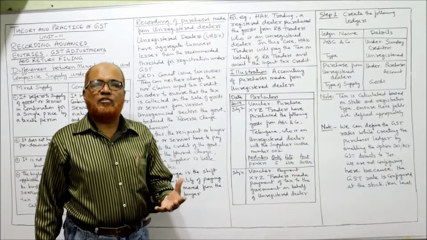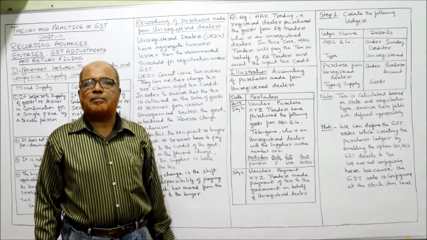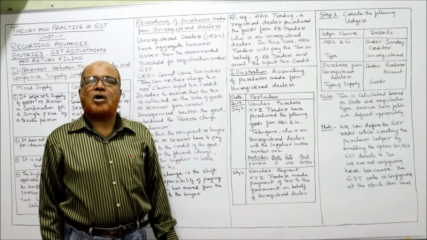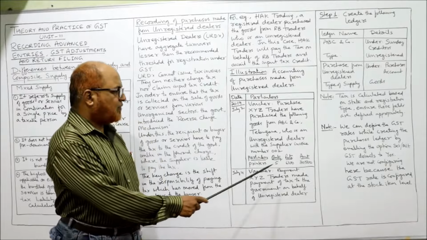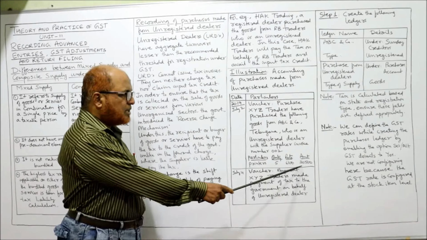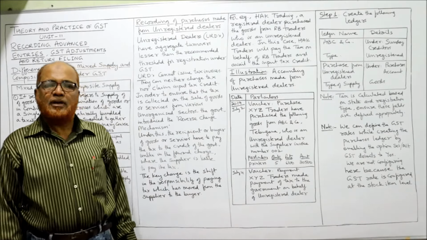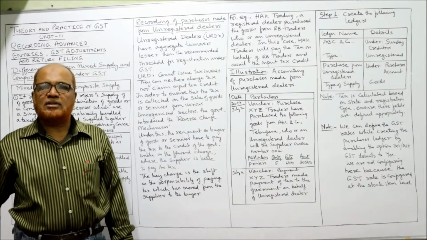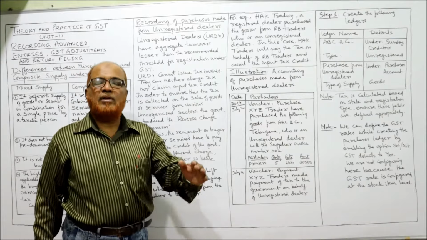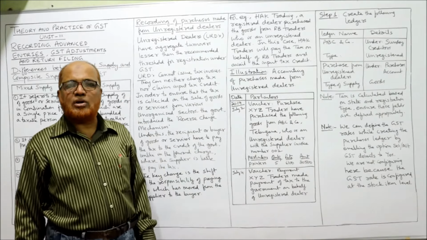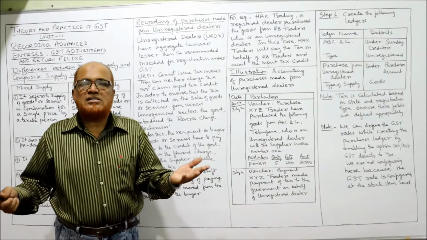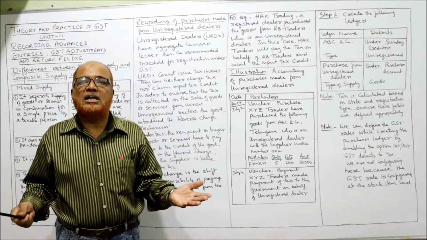So what is the item of goods purchased? XYZ purchased printers from ABC Company. The cost of each printer is 6,100. 5 printers are purchased, so the total amount is 30,500. Now on July 4th, that means after 2 days, XYZ Company will pay the tax, because the goods are purchased from ABC and ABC is an unregistered dealer.